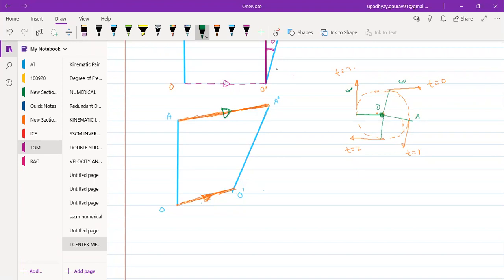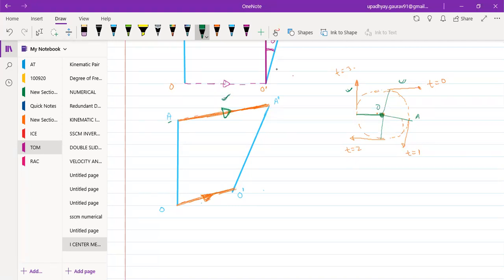Now you told me, sir, we just want to convert this kind of general motion into pure rotation. So we have the direction of linear velocity for point A. You are saying that it will follow this path.